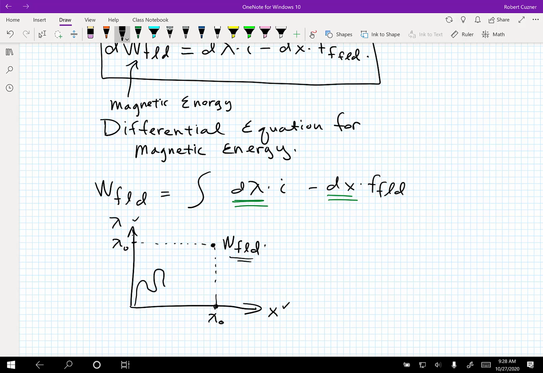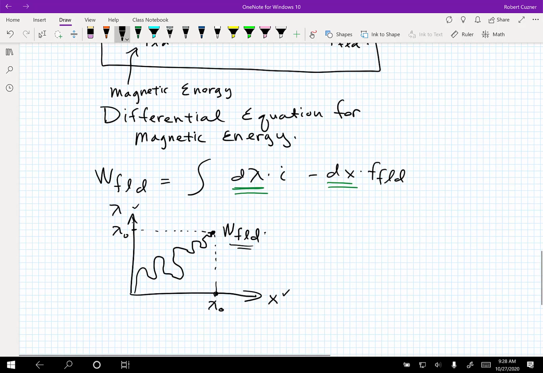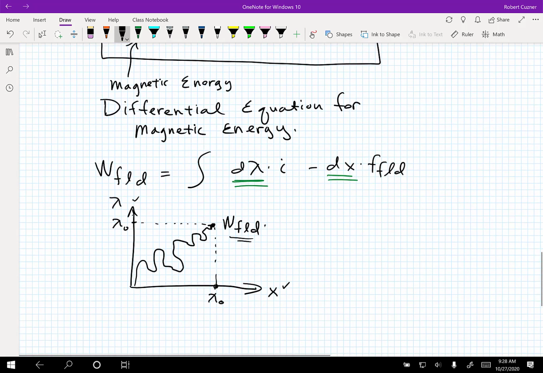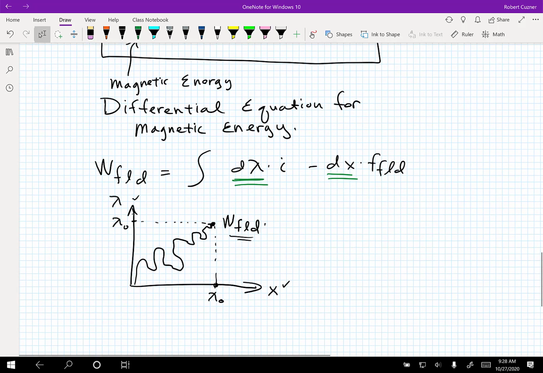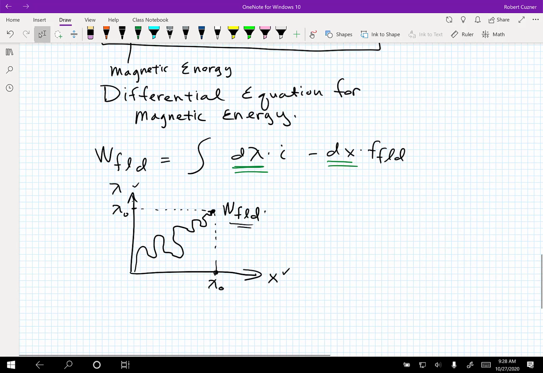So I'm just going to show you a random line that you could integrate over, and you could come up with a value at that point. So since it's random, we could pick a line that we really want to follow and make our life easier so we can actually come up with a solvable solution.